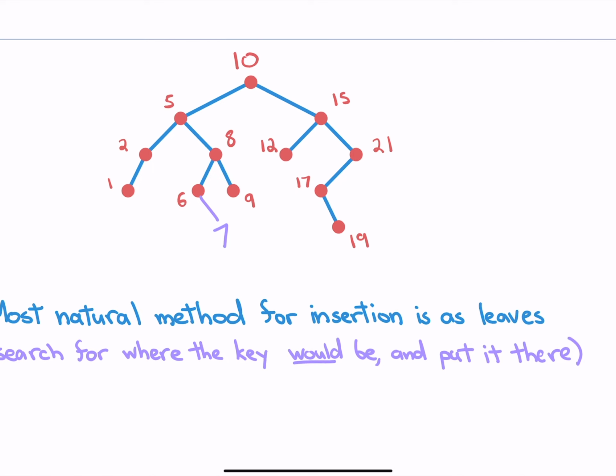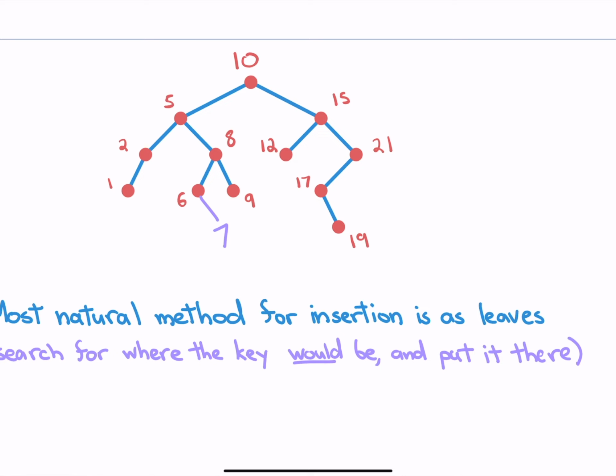What's interesting though is what happens when you're inserting keys on the fly. If you had all the keys ahead of time, you can build a perfect tree. That's fine. But what's more challenging is what happens if the keys are getting inserted online. The most natural, easiest way to insert keys is to just search through the tree to where the key would be and then put it there.